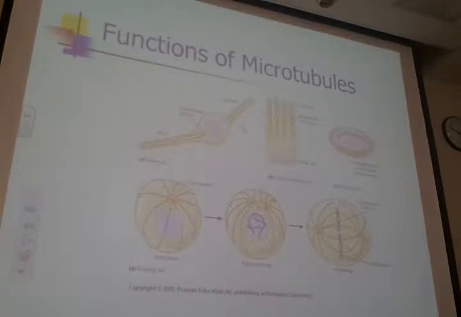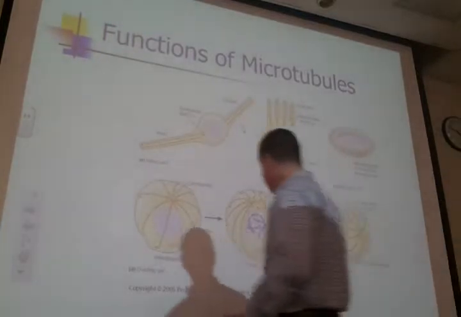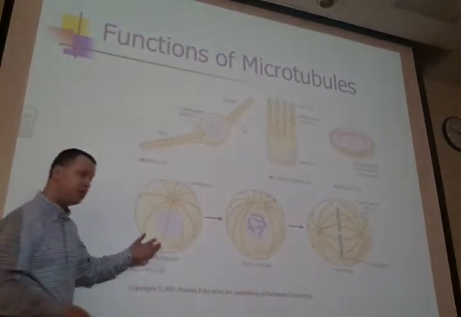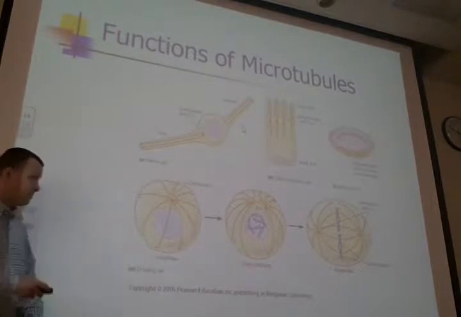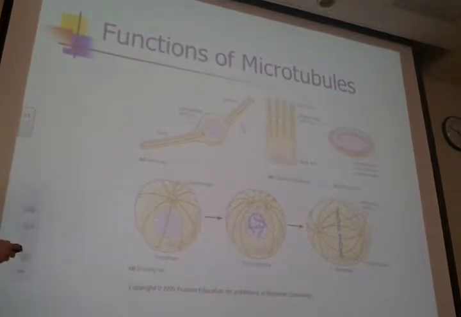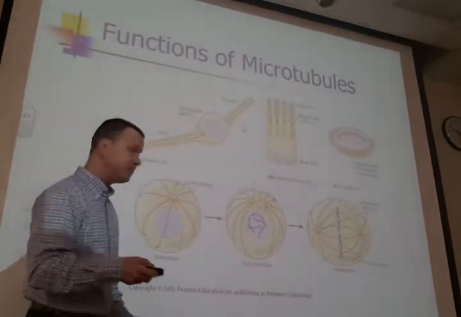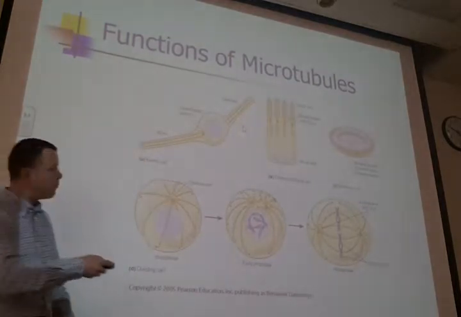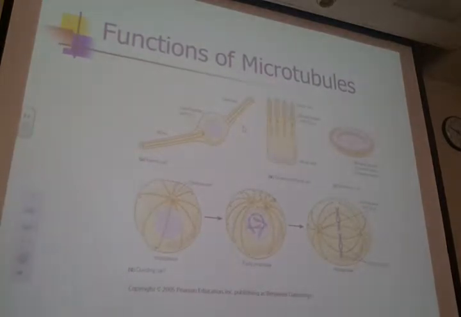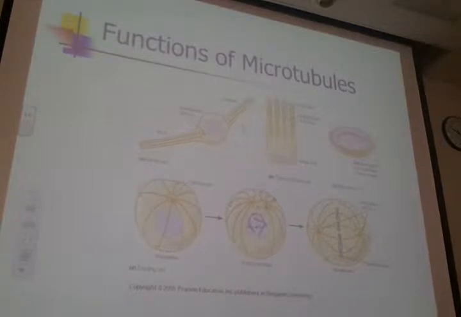Now, some cell types will do some extra things, but even if we start at the bottom here, most of our cells at some point divide. So all cells are going to need microtubules in order to do mitosis. We'll focus in on that particular function when we get to that topic in December, but it's one that you've studied at least to some extent before.